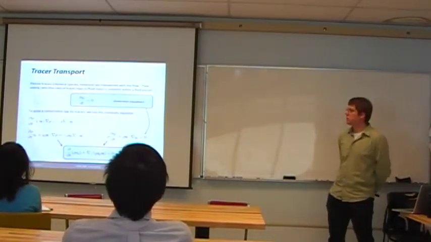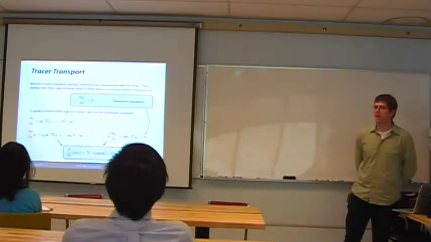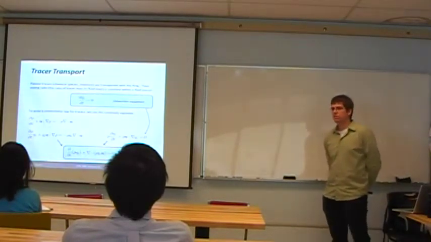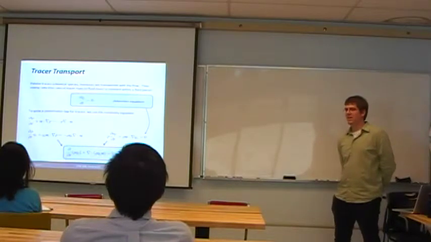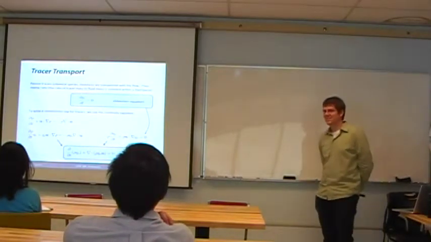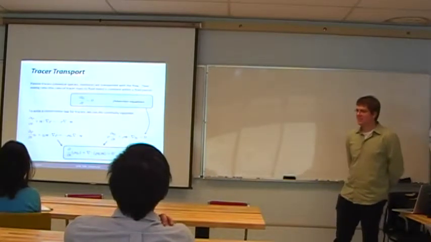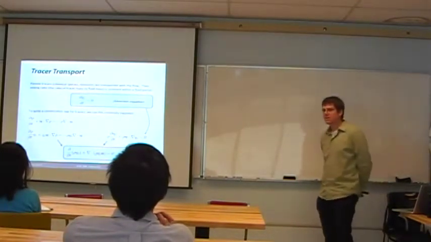Qi is a mixing ratio. So it's the number of tracer particles divided by the number of fluid particles. So rho times qi. So it is actually the tracer mass density.